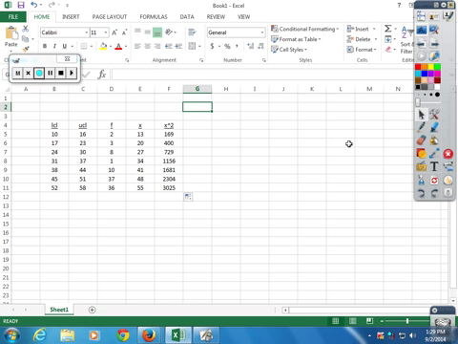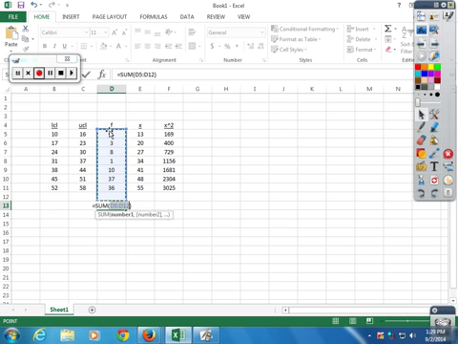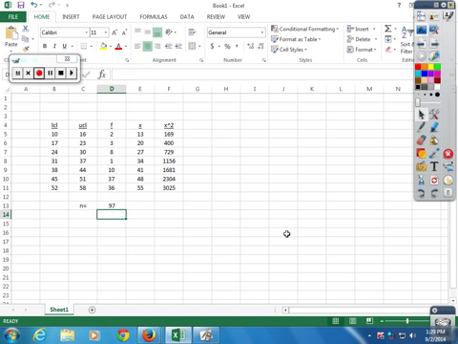Oh, we don't have N. N is equal to, hit that little summation button right there, and highlight your F column, and there's N.